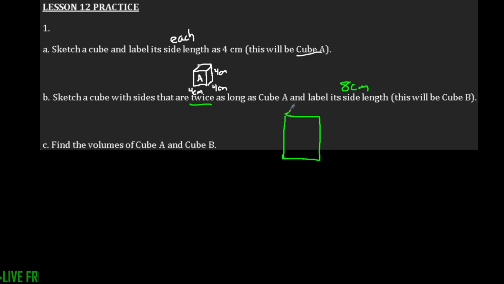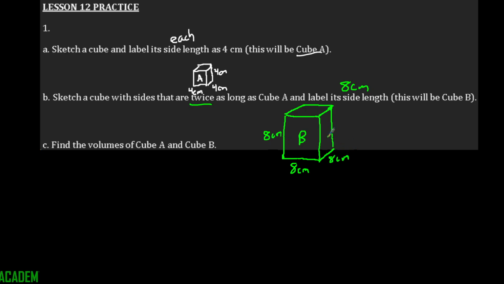I'm going to say, draw those 3 parallel lines, and then connect them down. Something like that, maybe. And we're going to say this is going to be cube B, and our side lengths are going to be 8 centimeters this time, since it is twice the length.